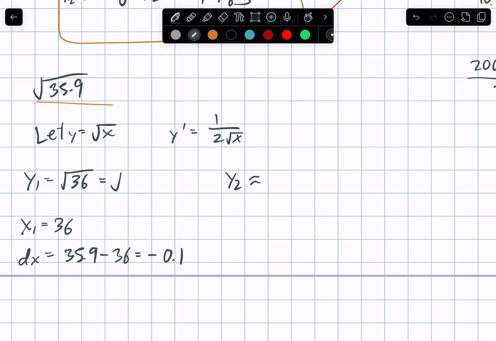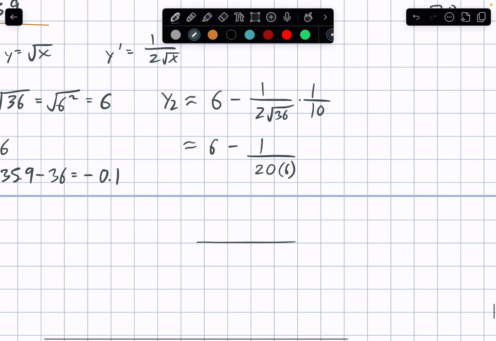Square root of 36 could be rewritten as 6 squared equal to 6. 6 plus derivative on 20.